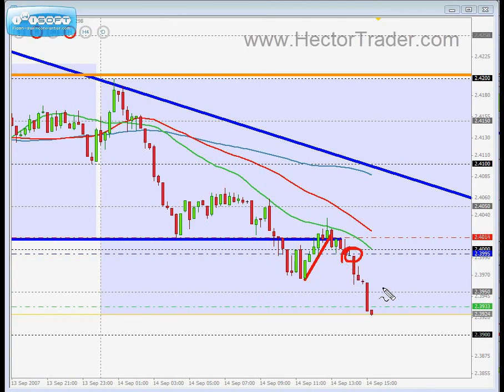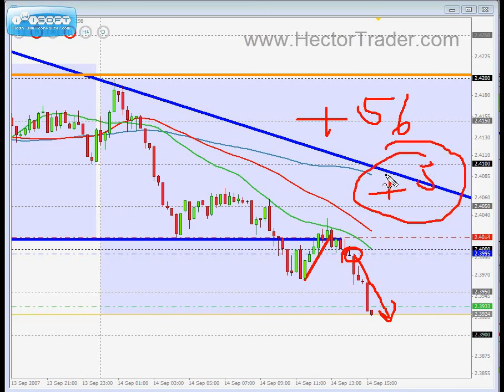This entry came here, and I've made plus 56 pips on this one. So altogether plus 5 pips for today. Not a big thing, but nonetheless, considering the situation, I am more than happy to close out the day in profits.